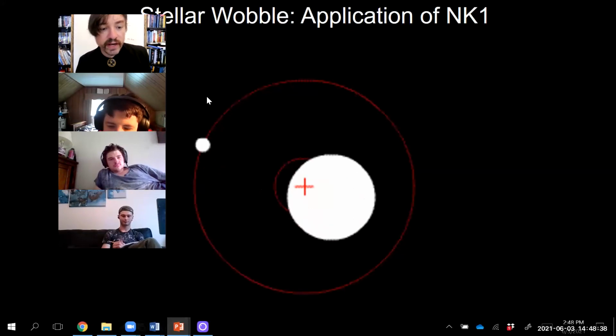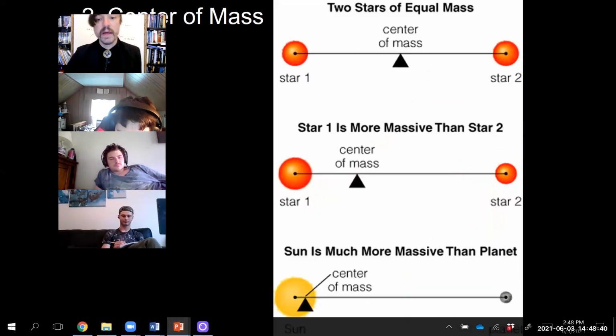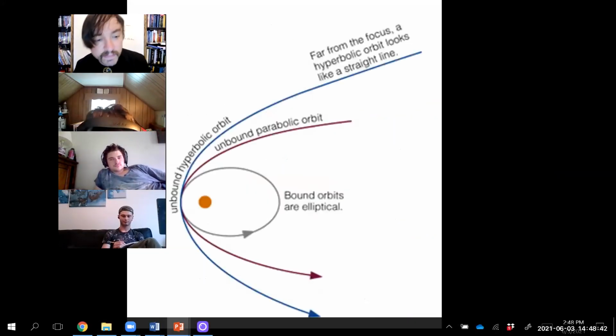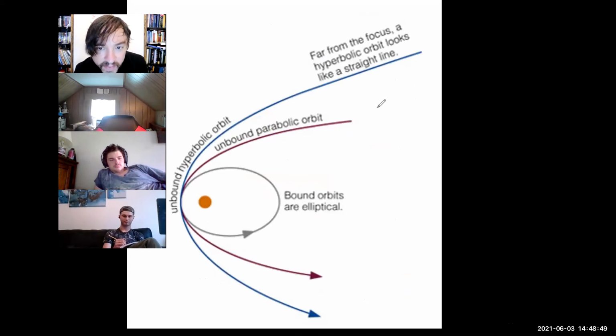Now, there's another part to this, at the risk of boring you guys. Newton discovered that not only were circular and elliptical orbits possible, but for the first time ever, Newton was able to calculate that it's possible for gravity to create other types of orbits, which we call unbound orbits, and they also obey conic sections. This is what you might call a gravitational slingshot.